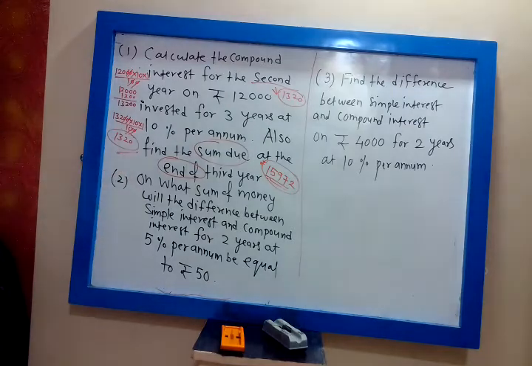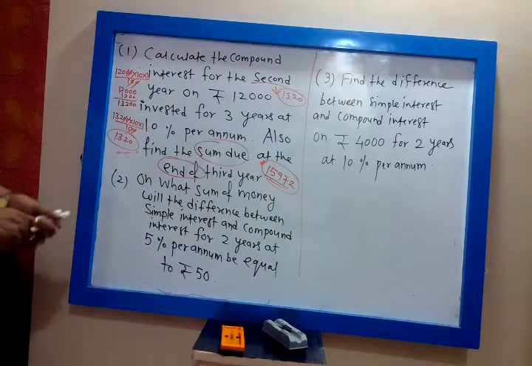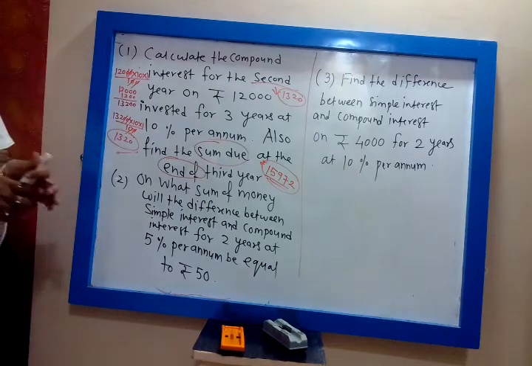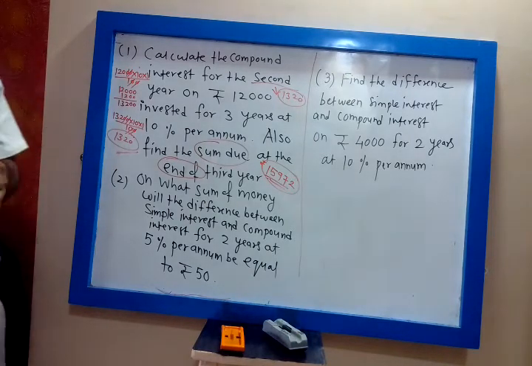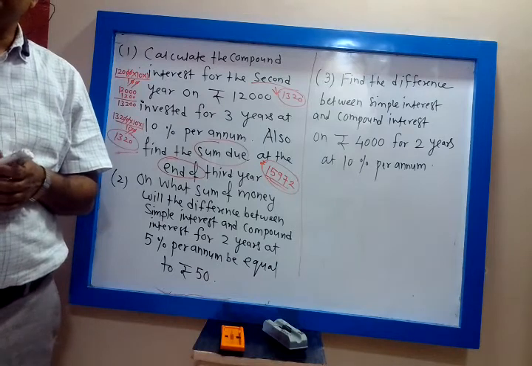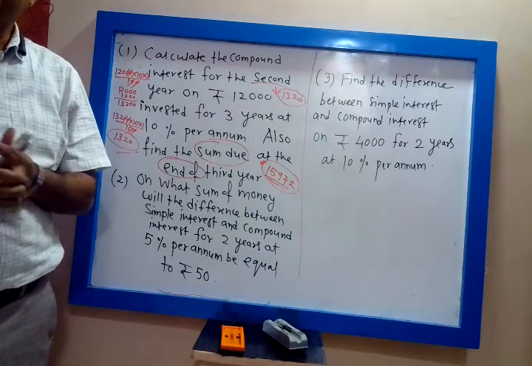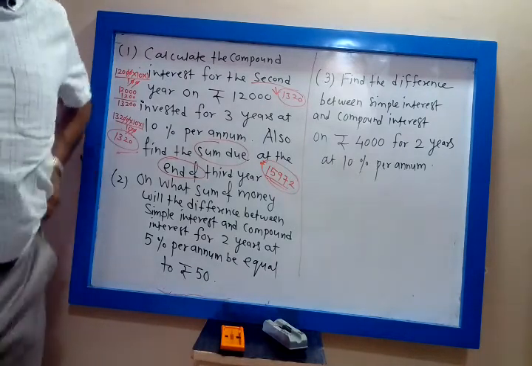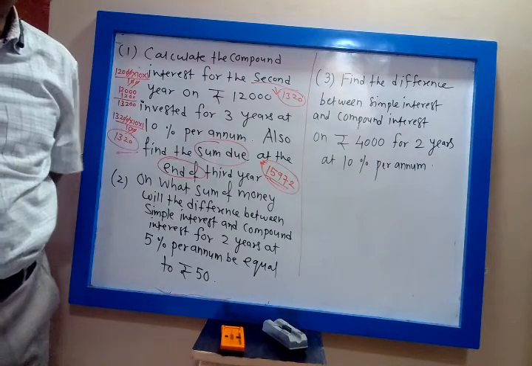Chalo, do the second one. On what sum of money will the difference between CI and SI be 50 rupees in 2 years at 5% per annum? Difference is given as 50 rupees. So who has given the answer of first? Yes, just tell me your name. Riddhi Singh. Who else? Satish Patel.